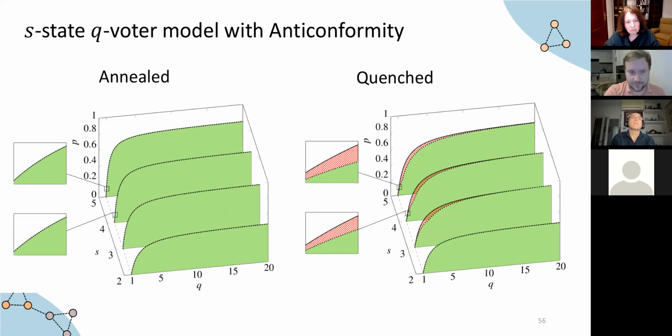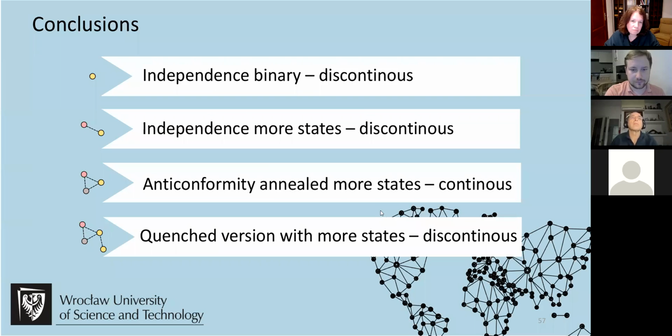But when we, for example, color these red regions here and only see this green picture, and here on this green picture, these two models, so the Q-Voter model with anticonformity in Annealed and Quenched case, behave pretty much in a similar way, more or less.